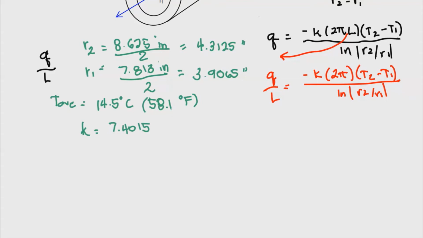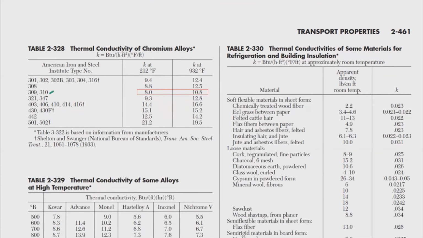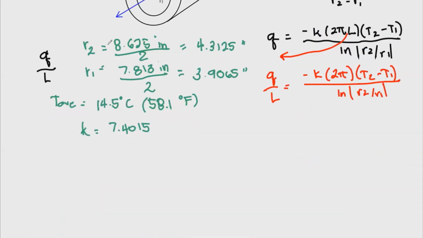The unit here is given in English: BTU per hour-feet-degrees Fahrenheit. So in this case, we already have the complete values for our equation.